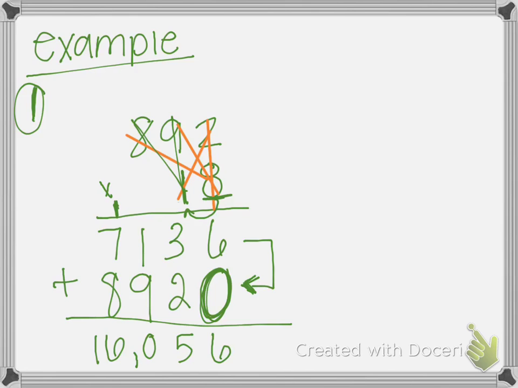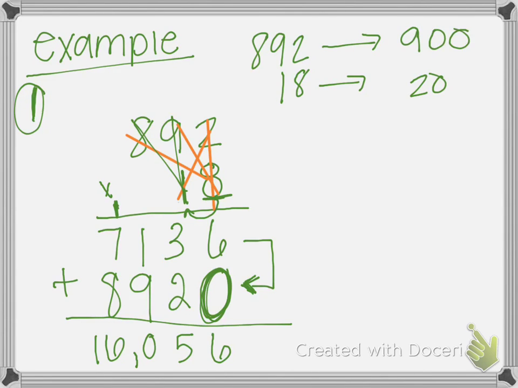You can check this. So my original problem was 982 and 18. I'm going to show you just a way that I would think to check it in my head to make sure that I'm sort of right. I would round this to a 20 and I would round this to a 900. And then I know 2 times 9 is 18 and I would add my zeros on the back.